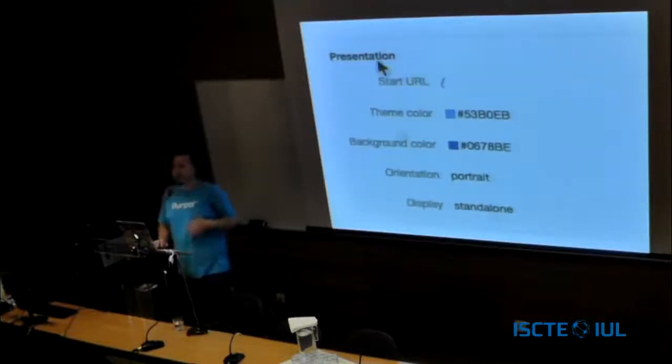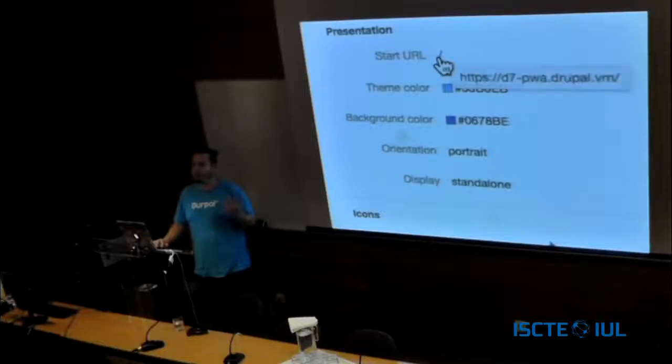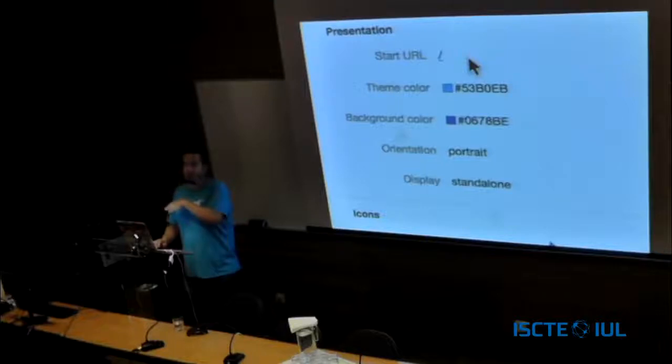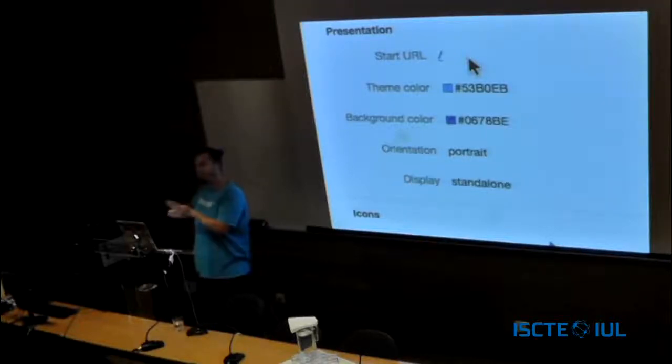You can see here that there's presentation data. You can specify a start URL. By default, it specifies root, like the home page, but you could have a special PWA start URL path, right? And you define that and say, when someone loads my progressive web app, they should go to this unique page, right?